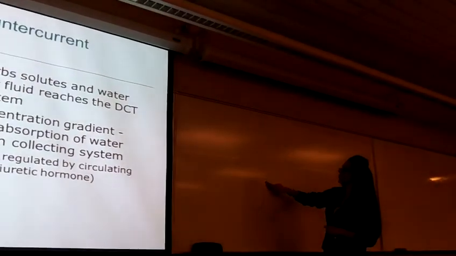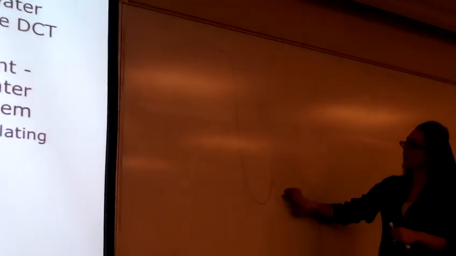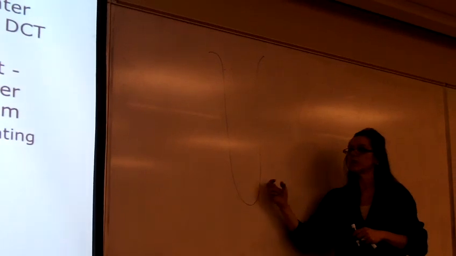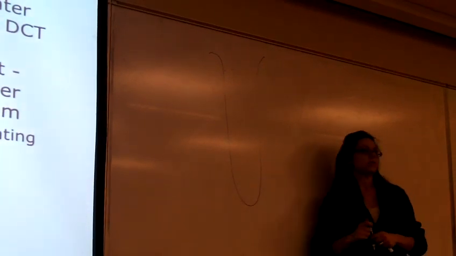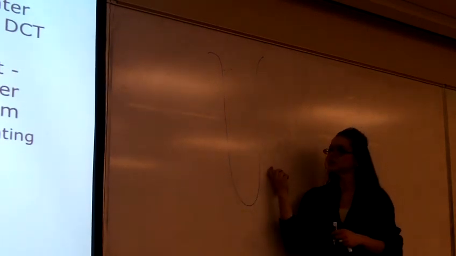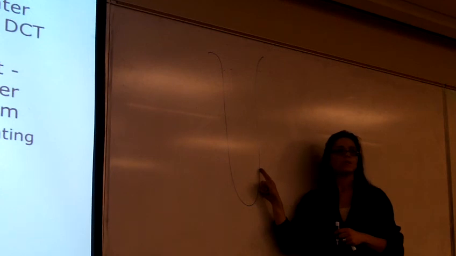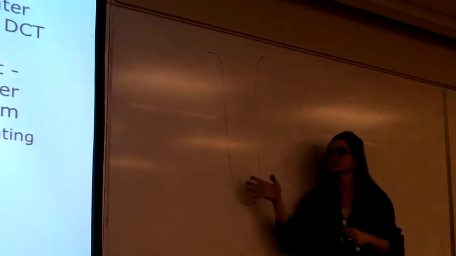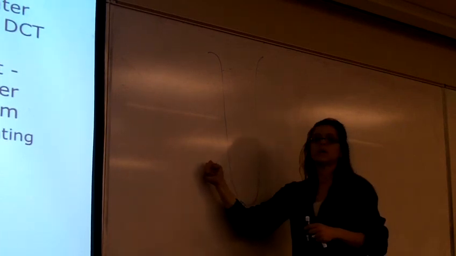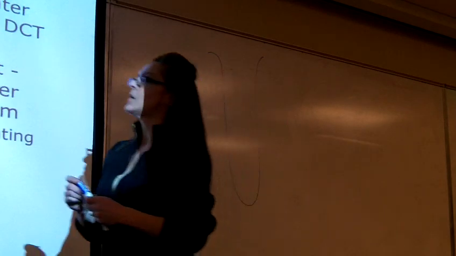And this countercurrent multiplication sets up a very high osmotic gradient out here in the interstitial fluid that allows water to get reabsorbed. If we didn't have that, if the concentration in the interstitial fluid was equal to what's in the filtrate, water wouldn't move. It would just stay in there. So we've got to set up a high osmotic gradient out here for water to leave and get reabsorbed.